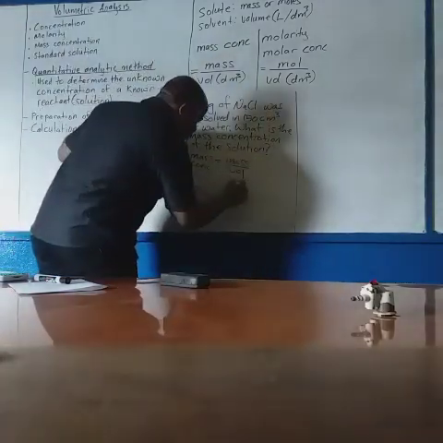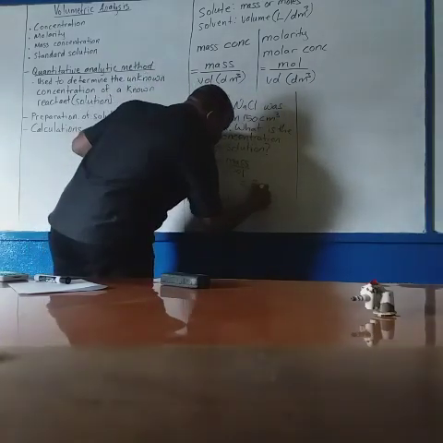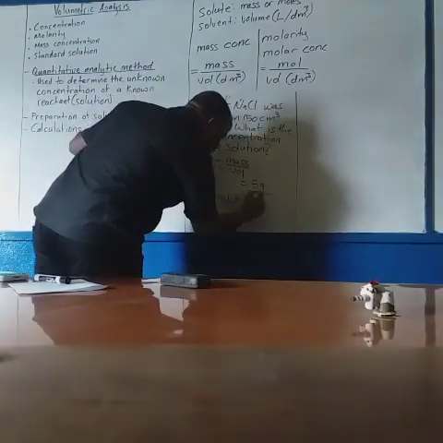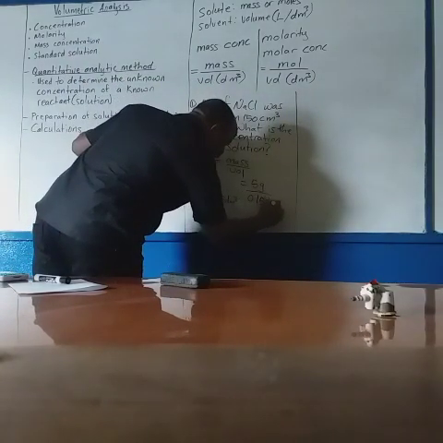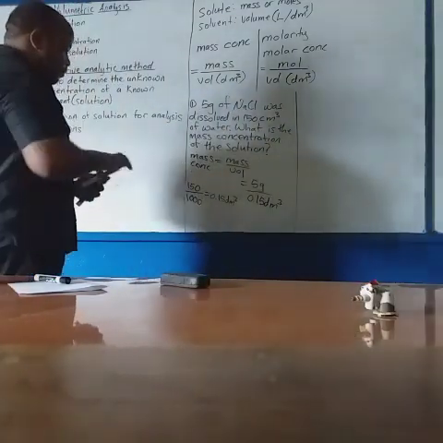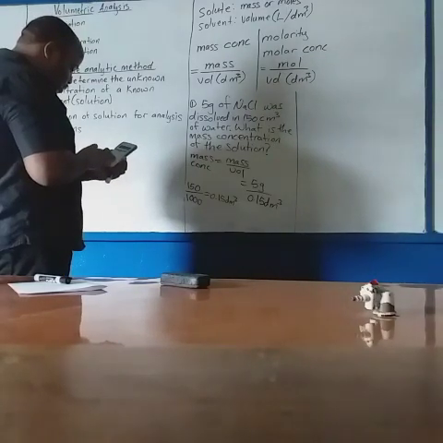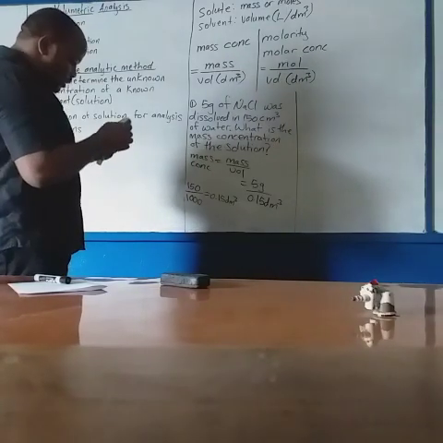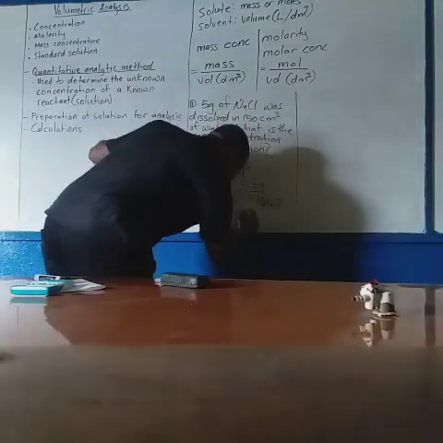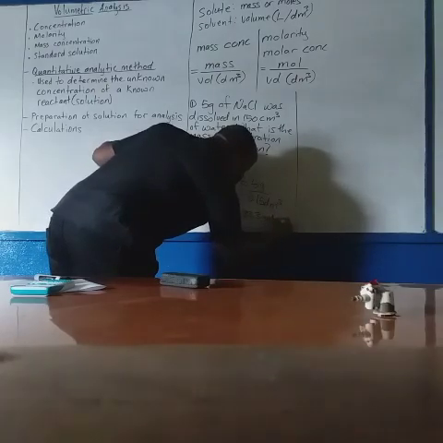The mass is 5 grams, and the volume is 0.15 dm³. So 5 divided by 0.15 is 33.3. 33.3 grams per dm³.